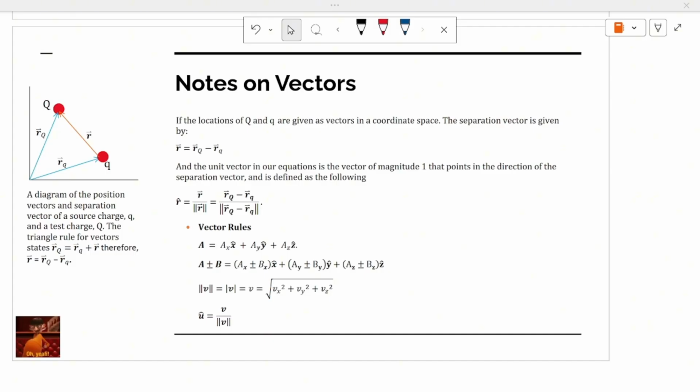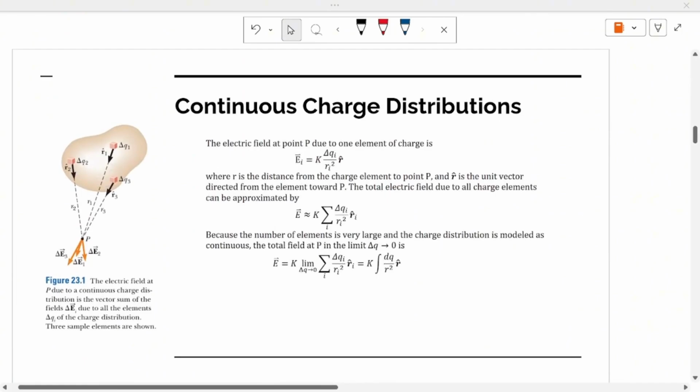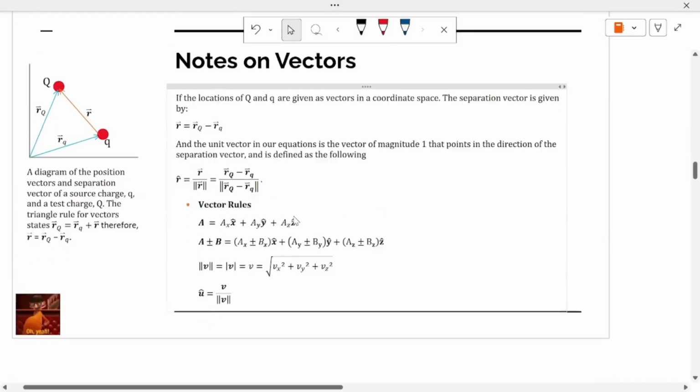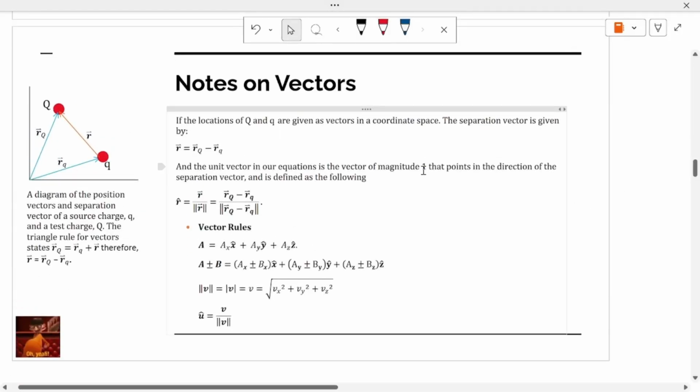The unit vector, which is what's used in our integral expression, r hat, is a vector of magnitude 1 that points in the same direction as the separation vector. And to get the unit vector, all you do is divide the separation vector by the magnitude of the separation vector, which in this case is going to be our big Q subtract our little q over the magnitude of the two.